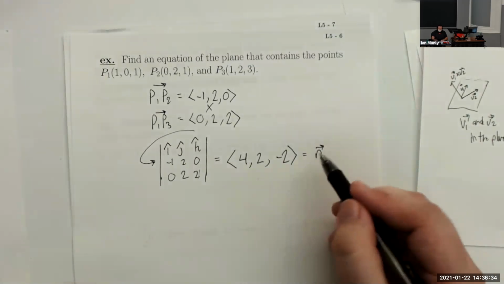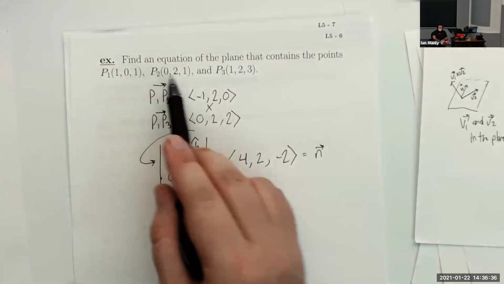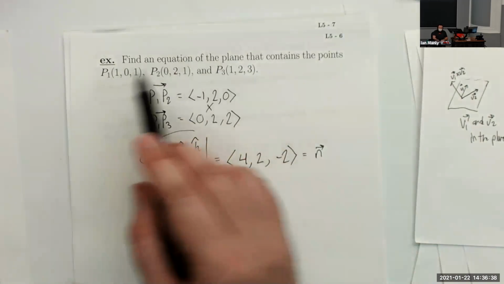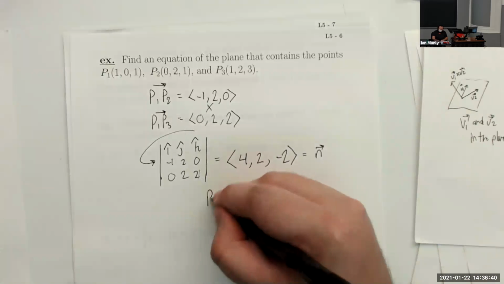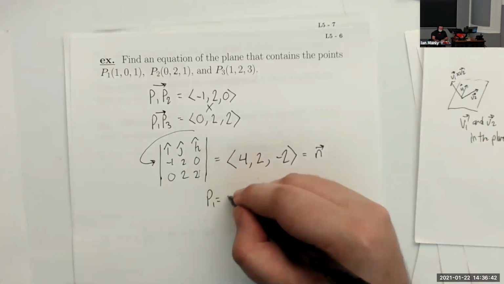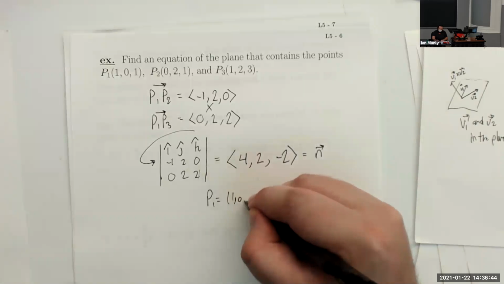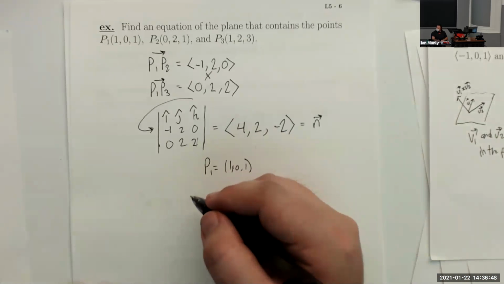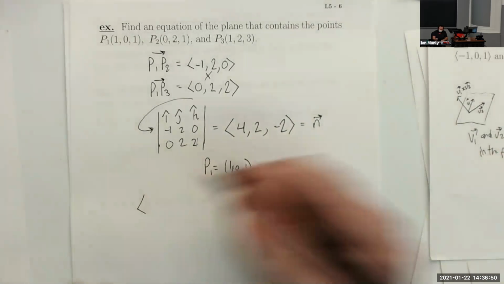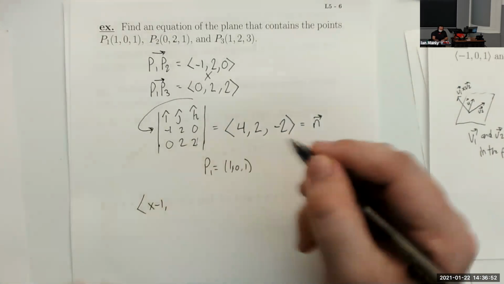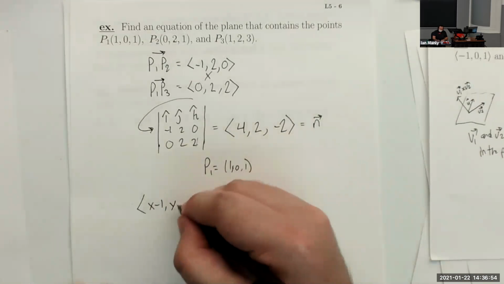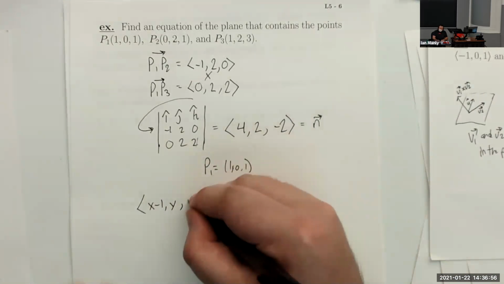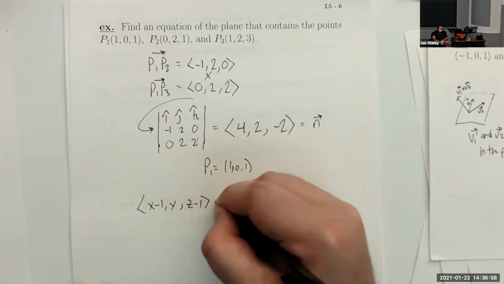All right, so we have our normal vector, and then we could just pick one of these to be our representative point in the plane here. So I might as well just use P1 here. So P1 is 1, 0, 1. All right, so then our plane equation is going to be x minus 1, and then y minus 0, so just y, and then z minus 1.